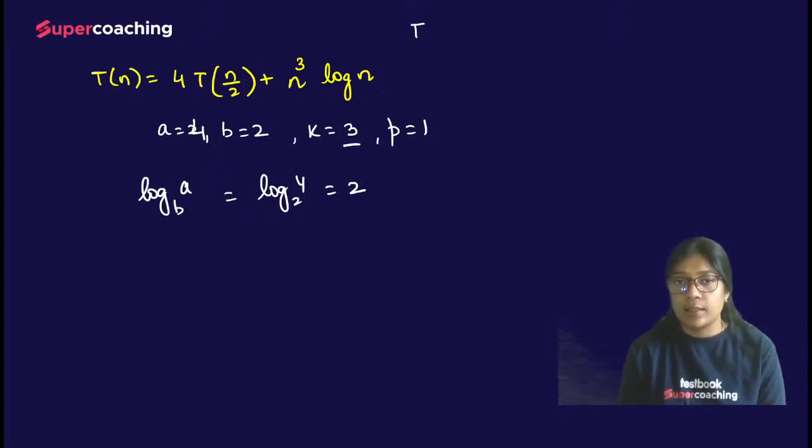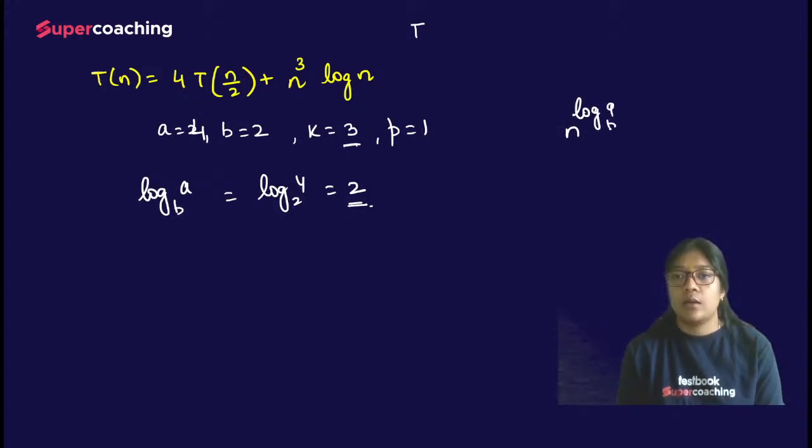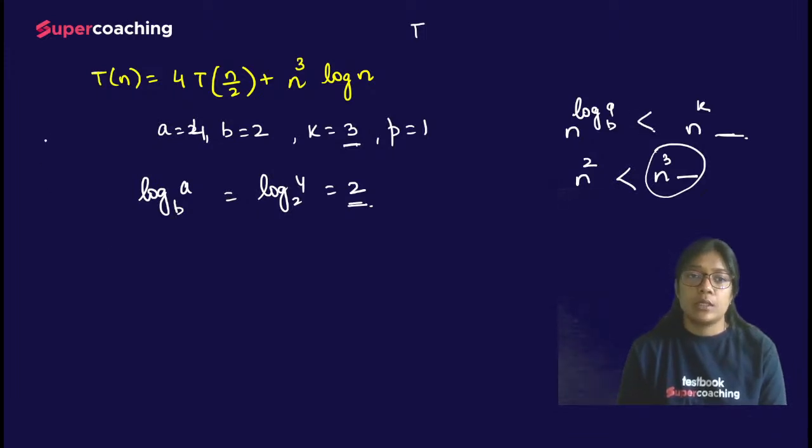If you compare this, basically what we are doing is n raised to power log a with the base b, and comparing it with f of n. Here we have n square, here we have n cube, so obviously this term is greater. यहाँ पे कुछ और term भी है. So that means it is case 3 of the extended master's theorem.